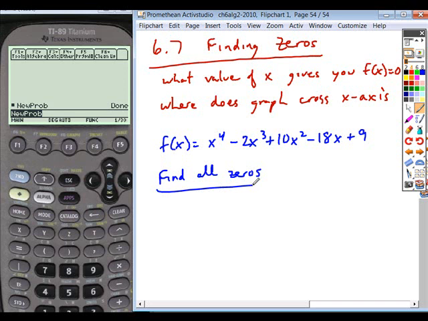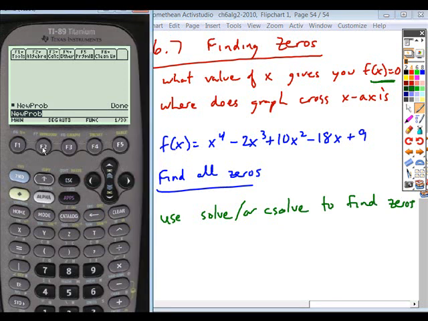Make sure you understand that when you are solving or finding a zero, the easiest thing to do is use solve or C-solve to find your zeros. So if we took this equation, plugged it into our solve feature, set it equal to 0, it's the values of x that give you a function equal to 0.